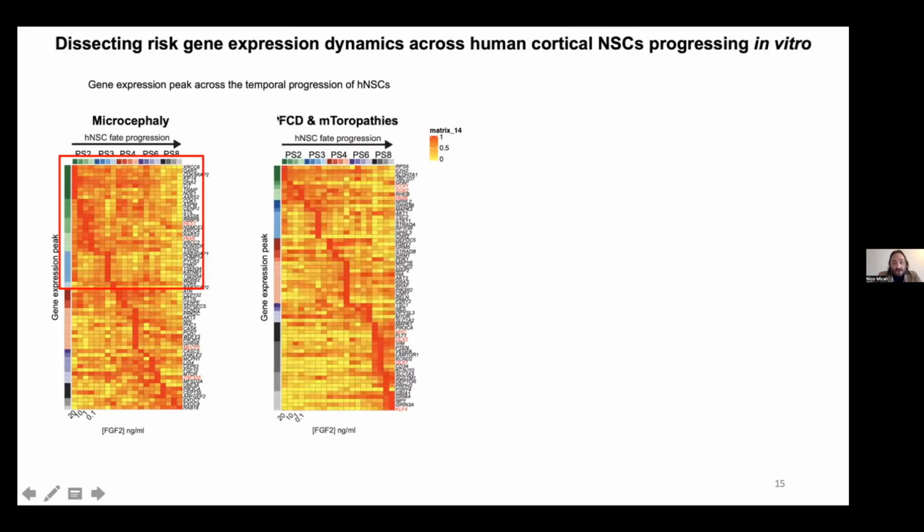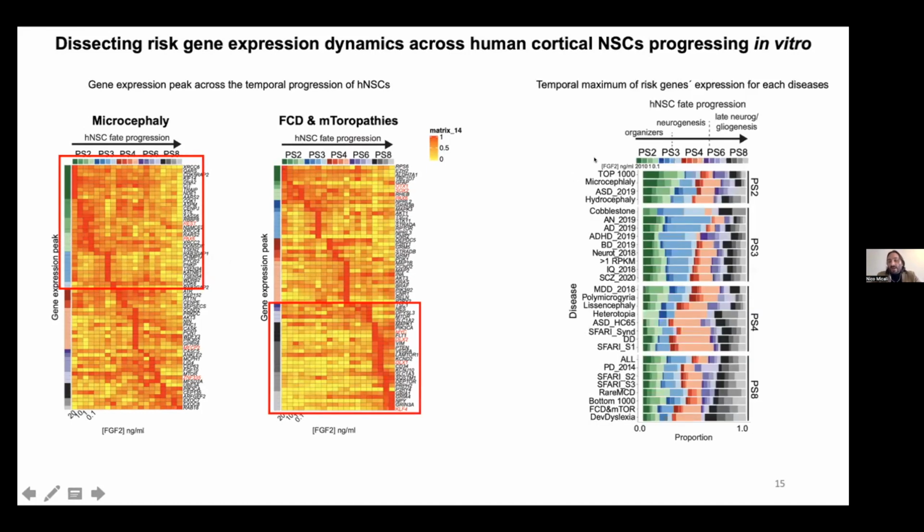Instead, if you take the risk genes associated with focal cortical dysplasia or enteropathies, there is a high proportion of these genes peaking at late passages, so in the late neural stem cells. It is already suggested that these two diseases involve different types of neural stem cells: early neural stem cells or late neural stem cells.